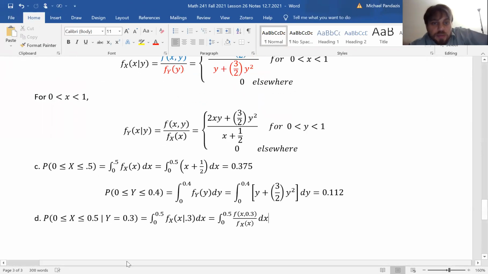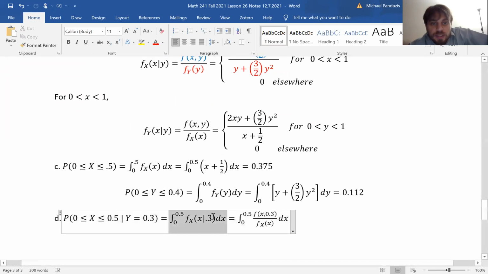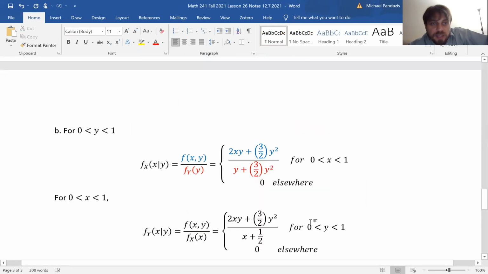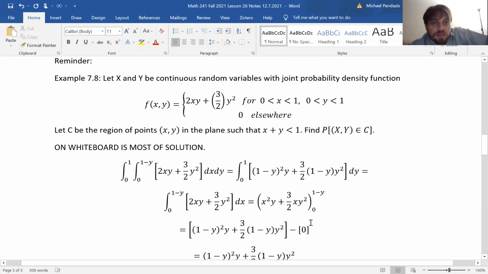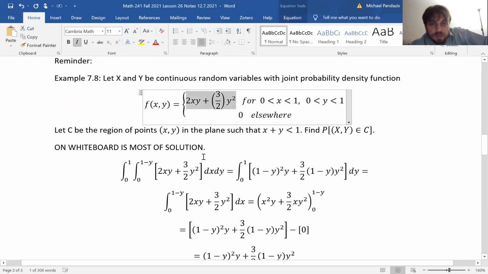Okay, so this is equal, right? F sub x given 0.3 is equal to f of x comma 0.3 divided by f sub x. So f of x comma 0.3, you just plug in y equals 0.3 there.